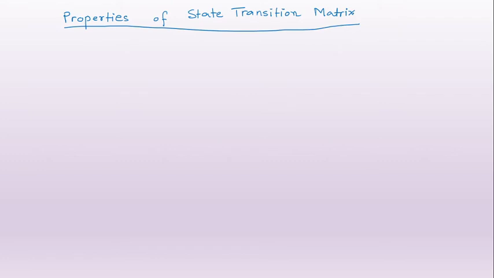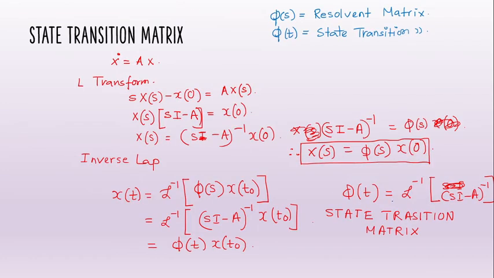Okay, now one thing I must add: if you take this inverse Laplace, you will find that this phi(t) will become e to the power At, where A is the system matrix. So if you solve this, you will find that the state transition matrix phi(t) will be equal to e to the power At.